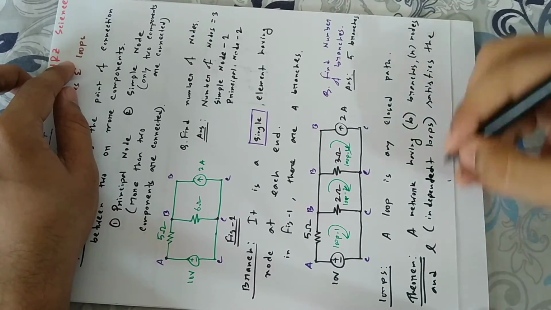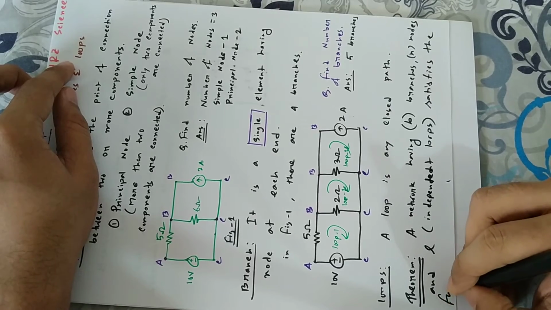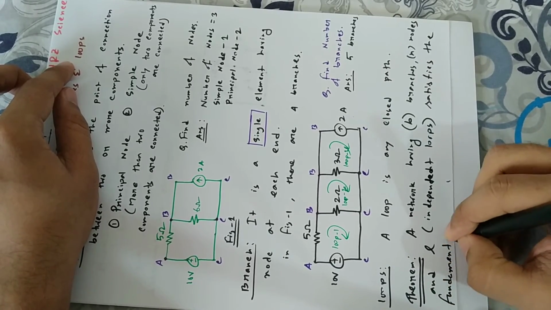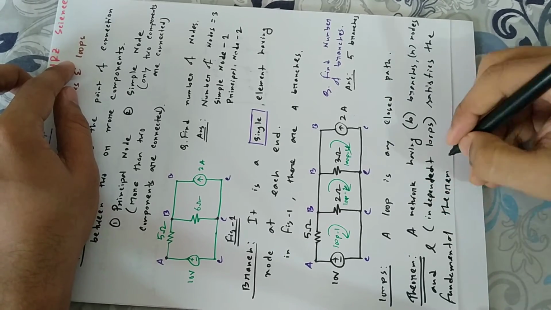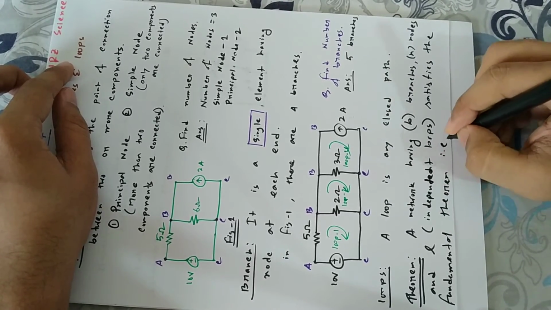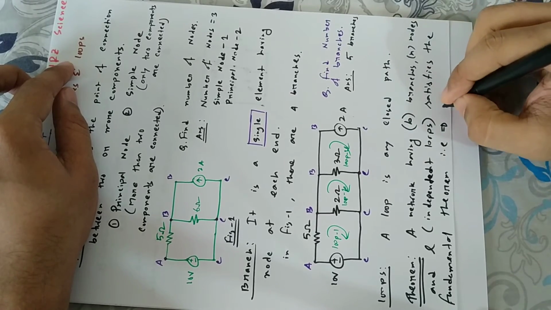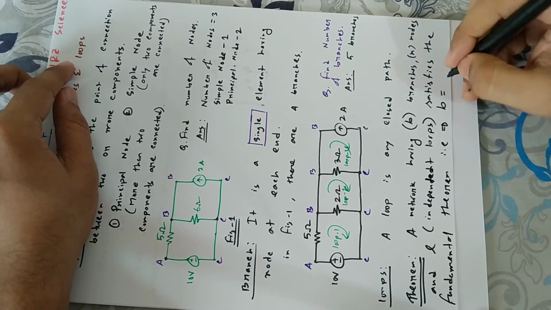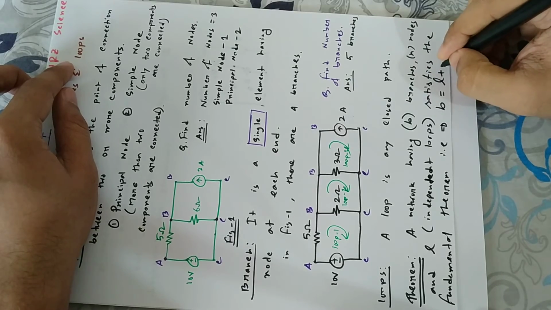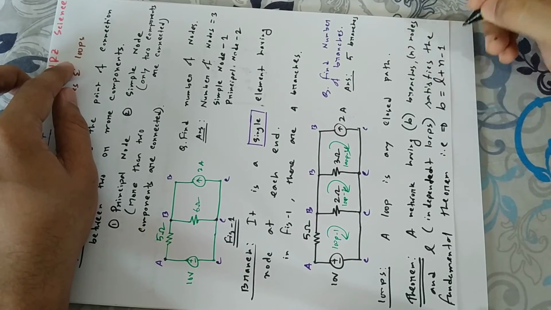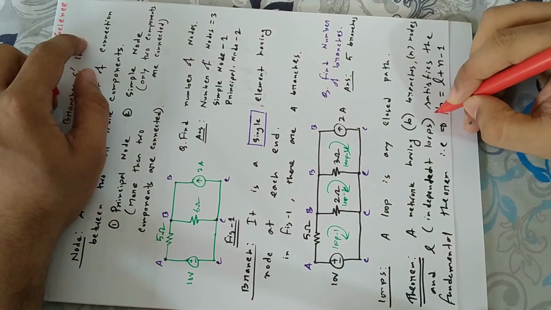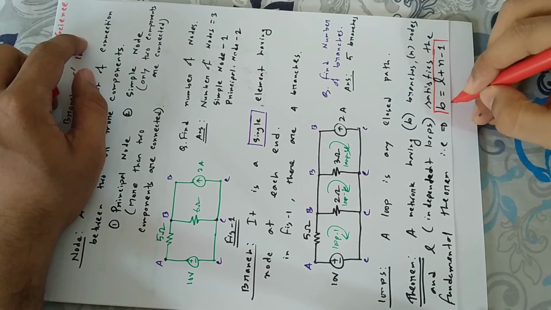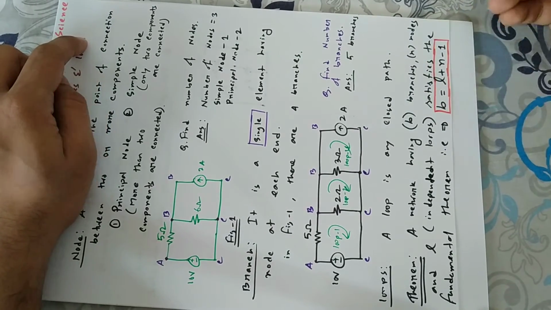satisfies the fundamental theorem, that is B is equal to L plus N minus 1. Okay, this is a very fundamental theorem which deals with the relationship between branches, loops and nodes.